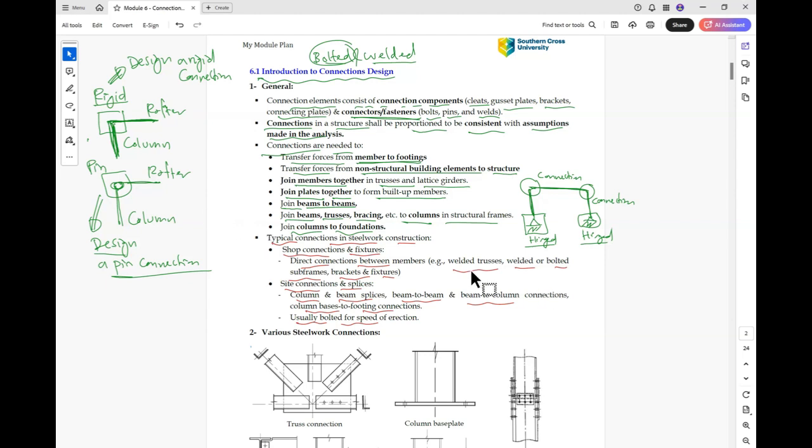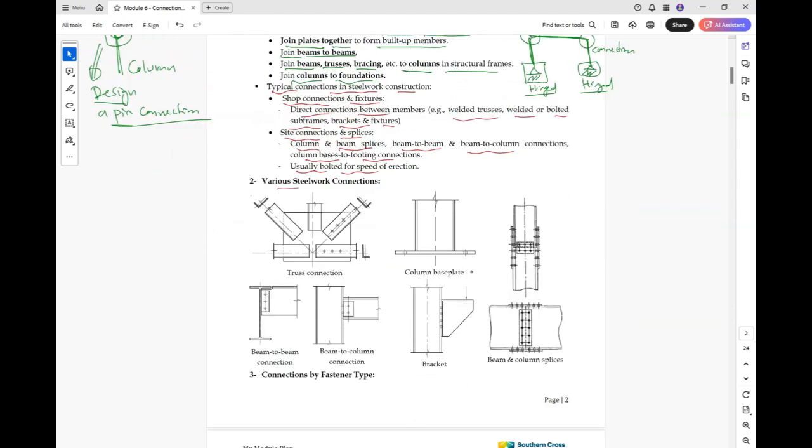And these are some examples of the connections. Like for this example here, a truss connection. So all the members are connected using a gusset plate. So we have members here, member 1, member 2, member 3, member 4, member 5.